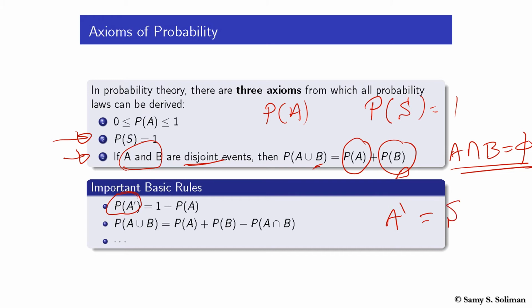That is all the elements in the sample space that are not included in event A. So the probability of the complement of A will be the probability that the sample space occurs, excluding from it the probability that event A occurs. As we said from the second axiom, the probability of S is equal to 1, then the probability of a complementary event is 1 minus the probability of the event itself.